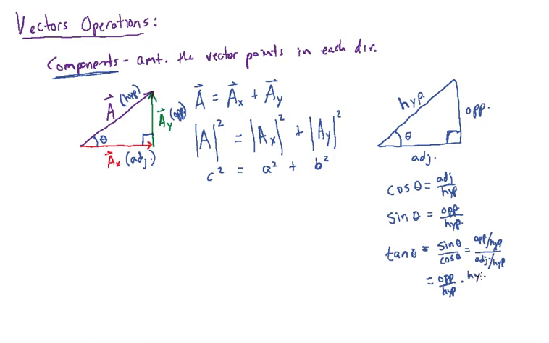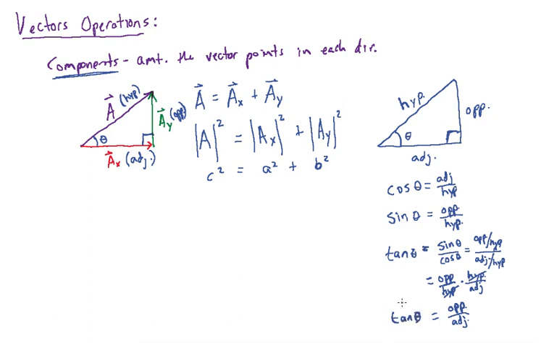That's the hypotenuse over the adjacent side, and then the hypotenuse will cancel out. And all you're left with for tangent is that it's the opposite over the adjacent side. Okay? And that would be tangent. I'll write that down here again just for some clarity.